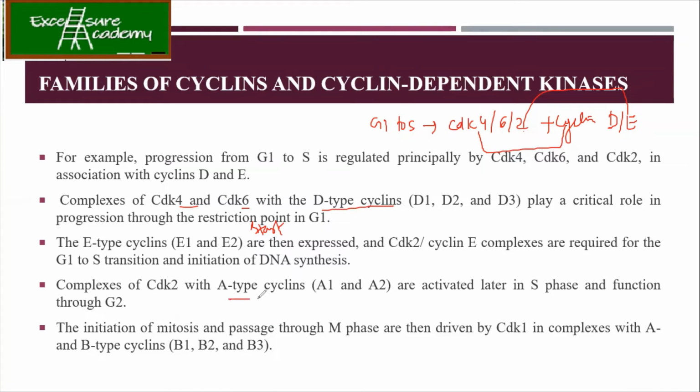Okay, then they are required for the transition and initiation of your S phase. CDK2 with A is then in the S phase, which will function through G2. Now, the initiation of mitosis and passage through the M phase is again with CDK1 in complex with A and B cyclins. Okay, should I summarize for you or is it clear?